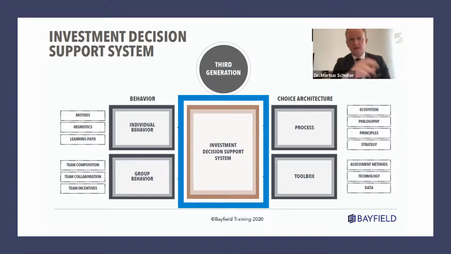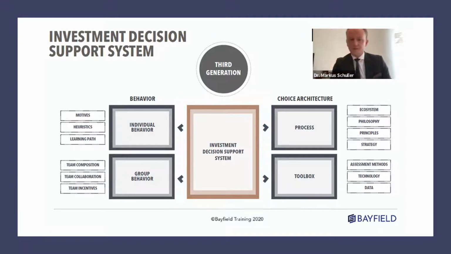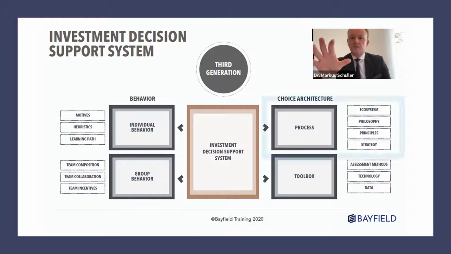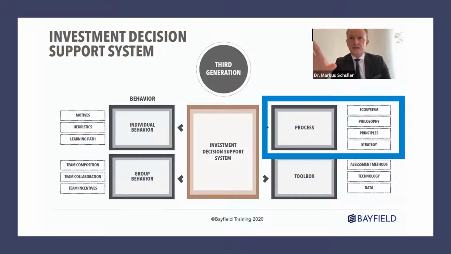And that's displayed here. Me as an investment decision maker, I am influenced in my investment decision by my choice architecture, by behavioral considerations. The choice architecture consists of procedural aspects, and they are rather commonly known, right?